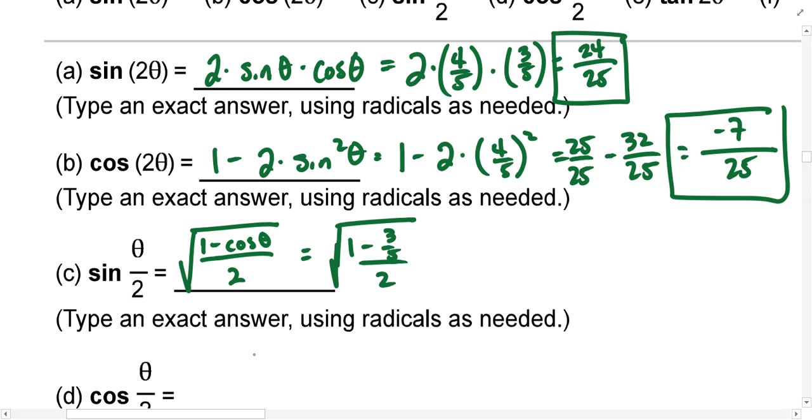It just says produce an answer in radicals as needed. So I'd be willing to take a shot there because the additional work necessary to simplify this, well, we got to change 1 to 5/5 minus 3/5. All of that still is a fraction over 2 inside of a radical.